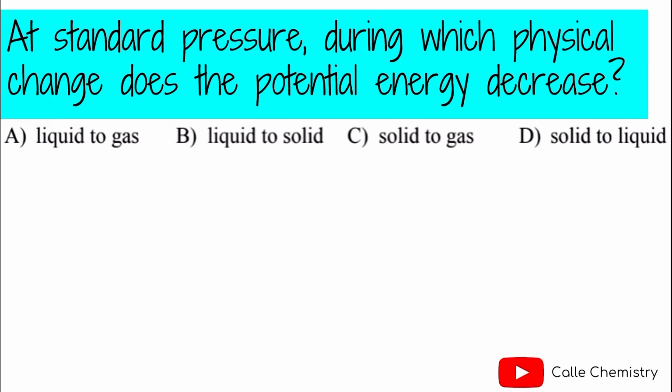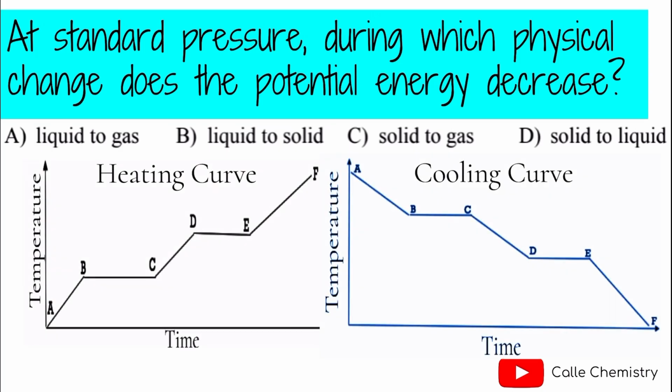We have to know which curve we're going to think about if we're talking about something decreasing. You have two options, either the heating or the cooling curve. We just went through both of them. The heating curve, we talked about point A is all the way down here and it stops at point F, which is around here.